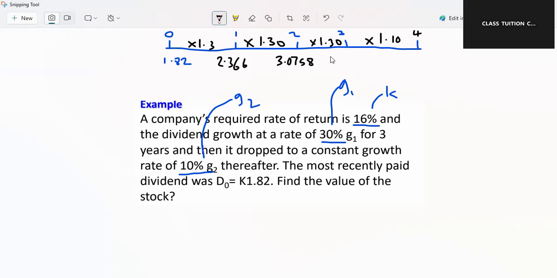And then we multiply our answer again times 1.3, we get 3.99. Now from year 3 to year 4, we're going to multiply times 1.10. We're going to get what? 4.39.